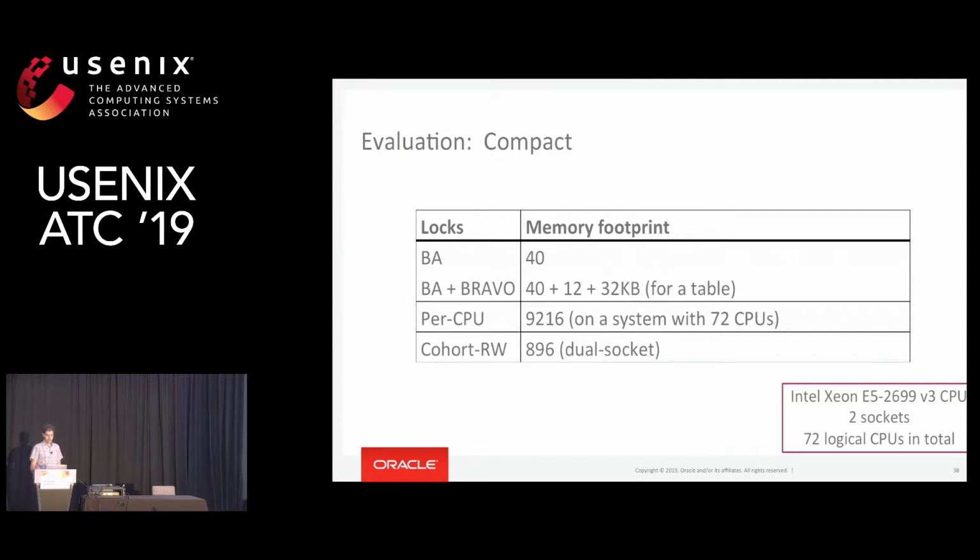Note that if the lock is padded and aligned to the size of the cache line or cache sector, which are typically 64 or 128 bytes, and padding and aligning locks is a common practice in real deployments, then both the BA lock and the BA lock integrated with Bravo require just 1 cache line or 1 cache sector. Of course, in Bravo, we also have the cost of the visible readers table.